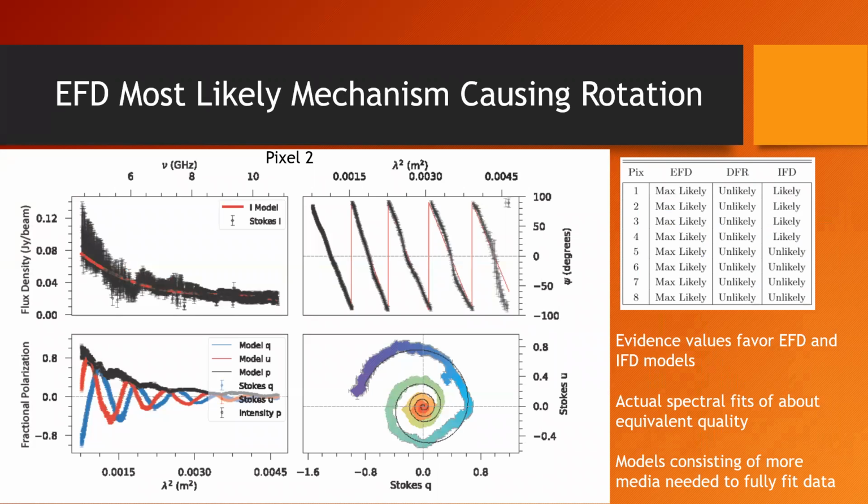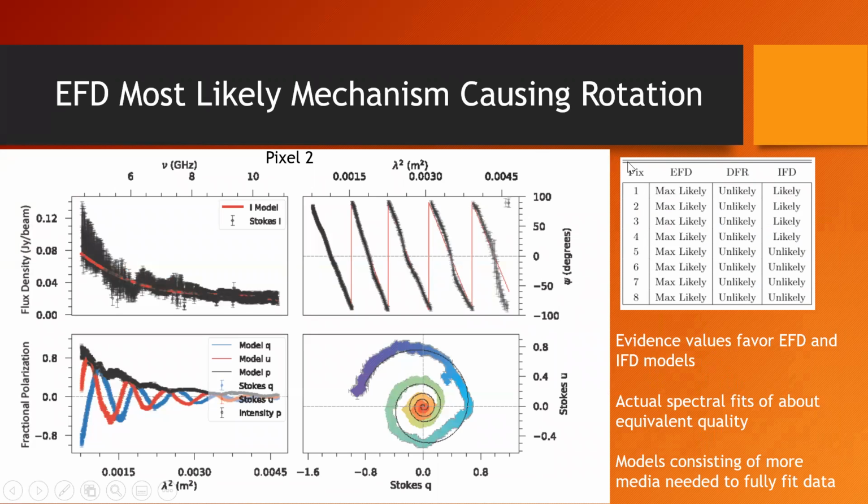So just to briefly touch on the results of this modeling, we ended up determining that external Faraday effects were the most likely mechanism causing the rotation observed towards the radio arc. And this was found to be the most likely for all 8 pixels.